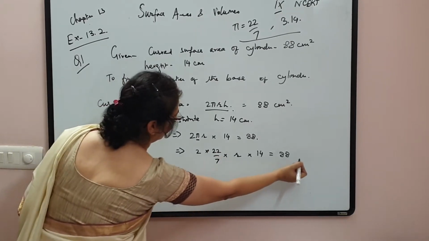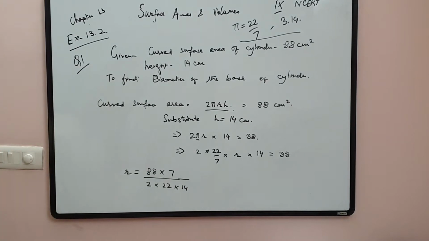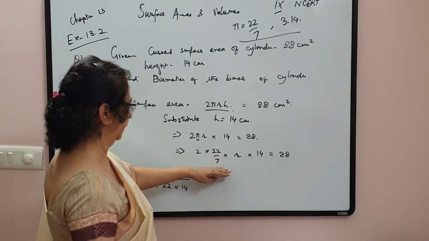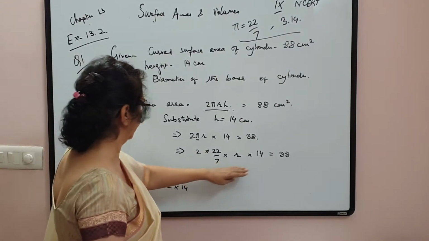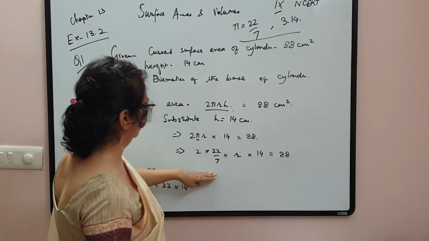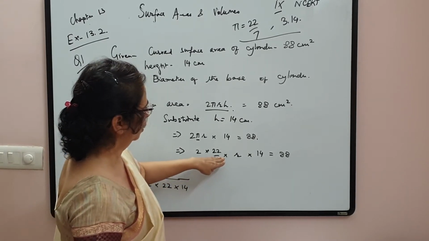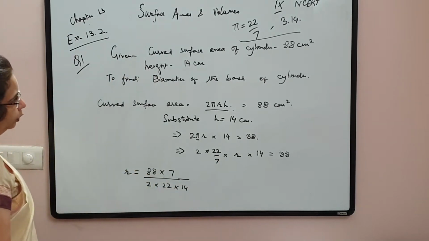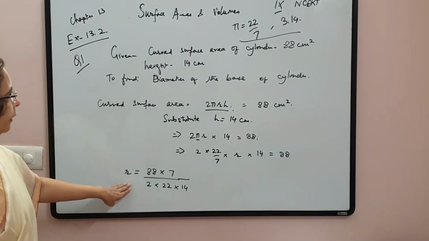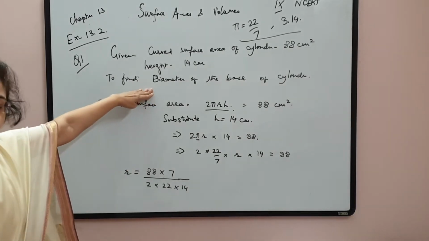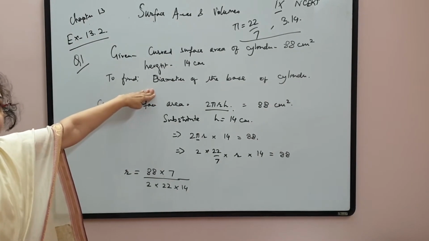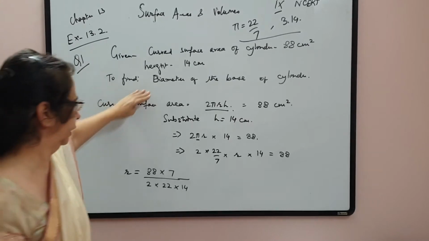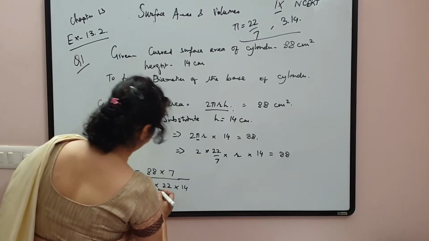All this comes as denominator to the other side. You're cross multiplying basically, children. R is equal to 88 into 7 divided by 2, 22 and 14. Right? Now solve this to get the value of r, because what have they asked you to find out? Diameter. What is diameter? Twice of radius. Okay, so let us solve this.